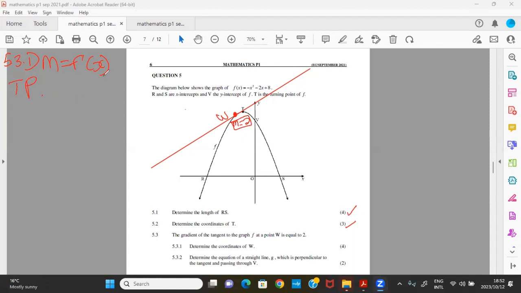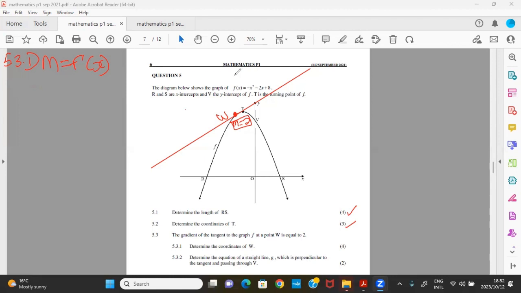Please don't forget that. Your gradient is your first derivative. Your gradient is not your turning point. But if you're looking for your turning point, you can take your first derivative and equate it to 0.